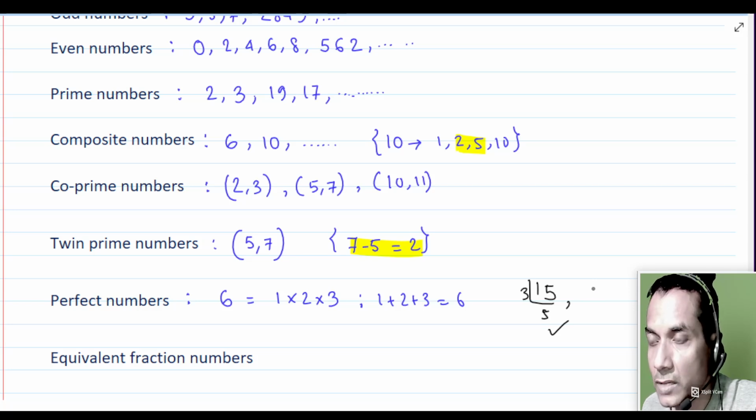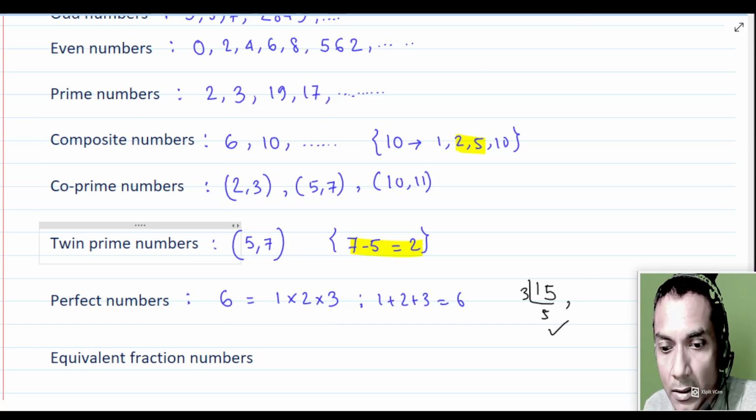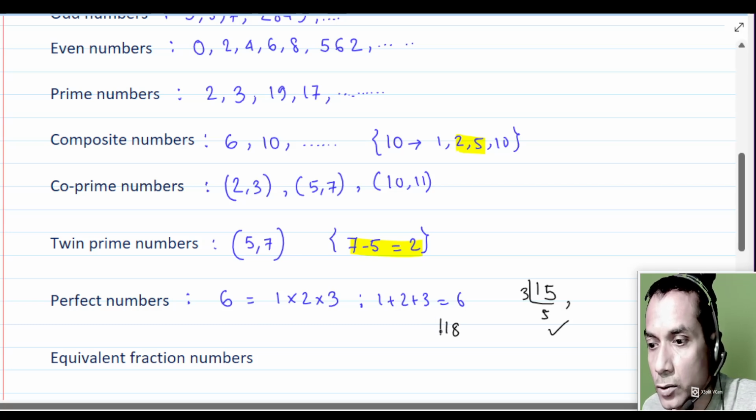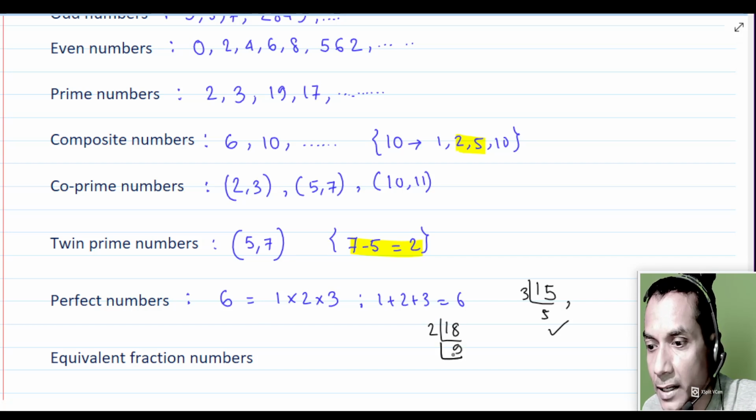Let's give you another example. Let's consider 18. If we do the prime factorization, we get 9 and another 3, so there are two 3s. So it is not unique, because we get 18 as 2 into 3 into 3.